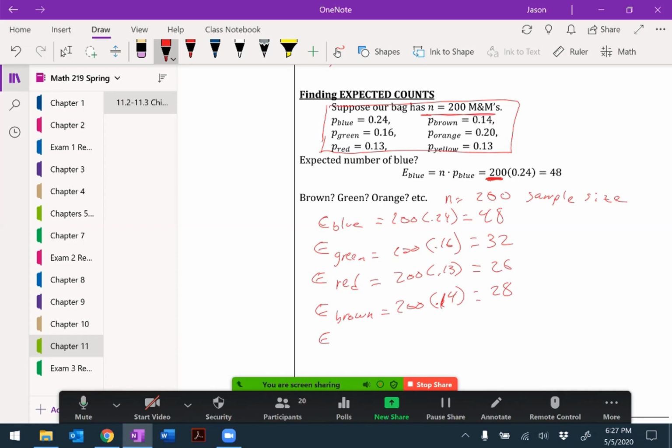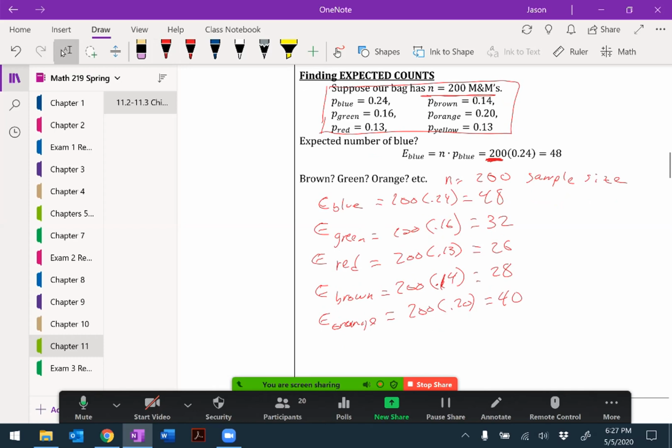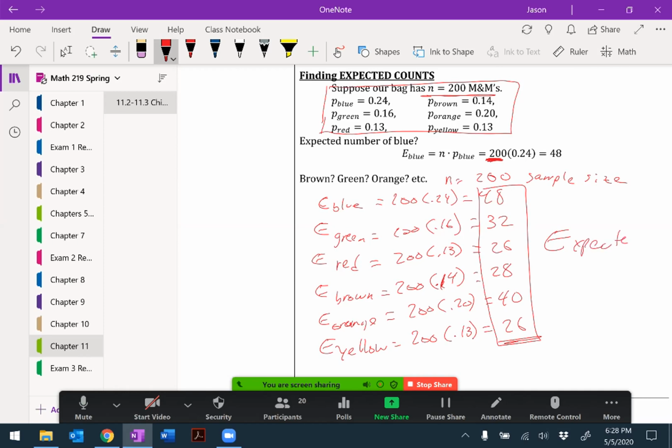The expected amount for orange is 200 times 0.20, which is 40. And the expected amount for yellow is 200 times 0.13, which is, again, 26. This is the number of M&Ms that I should expect for each category in a bag of 200. This is the expected counts.